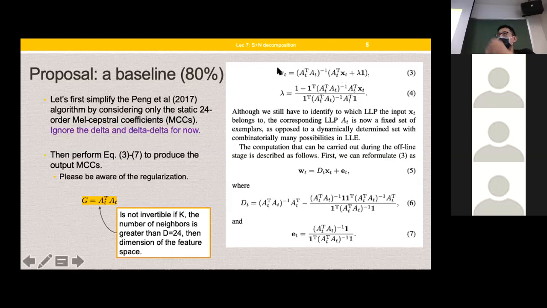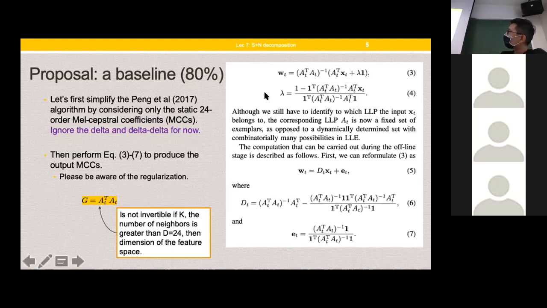This weight vector should be a long vector, and it consists of linear combination coefficients. If you choose 1024 neighbors, then you need to decide 1024 weights. Is that clear? W is the set of linear combination coefficients that we need to compute.